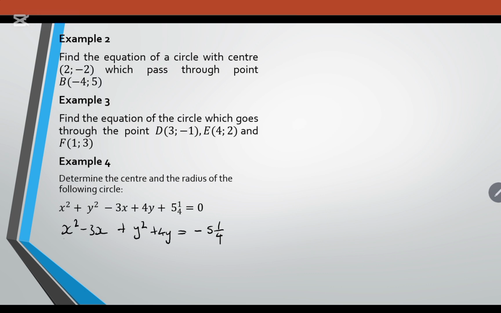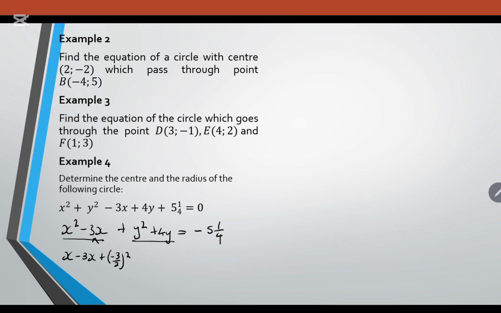So we're going to complete the square on this expression and that expression. In the process of completing the square, we take half of the coefficient of x and square it. So this is x squared minus 3x plus half of negative 3, that is negative 3 over 2 squared.